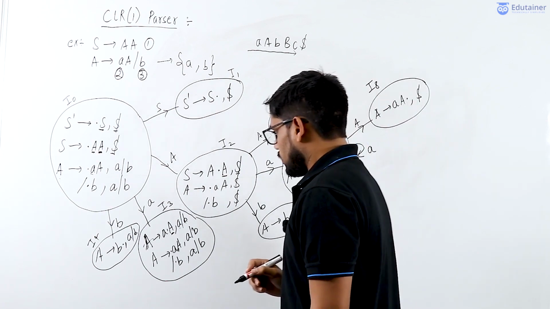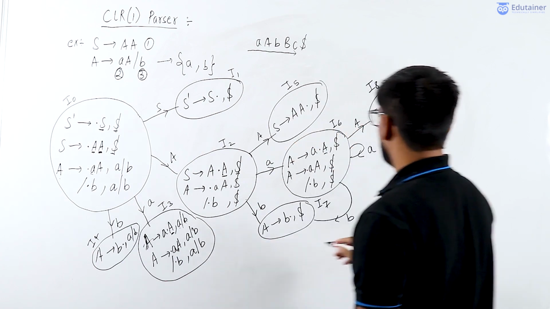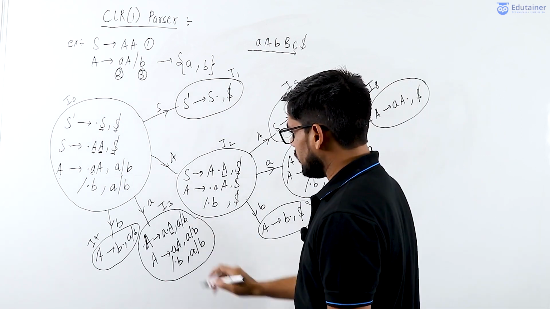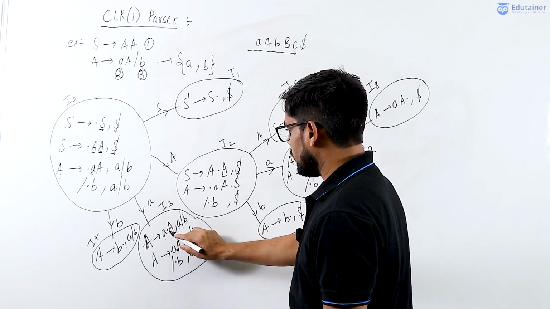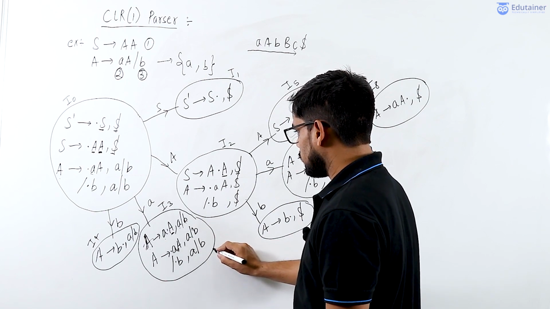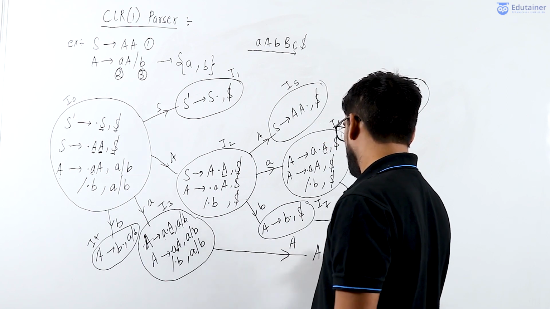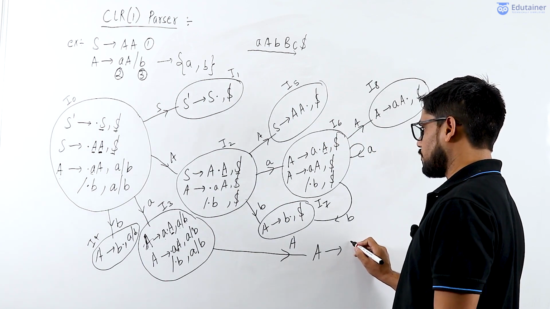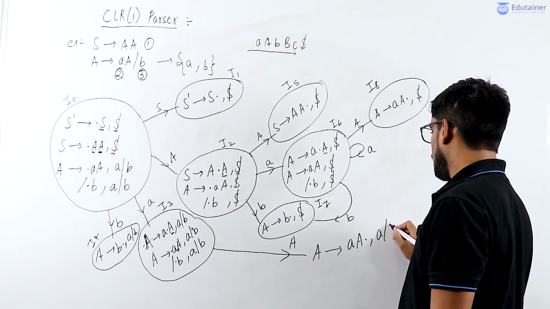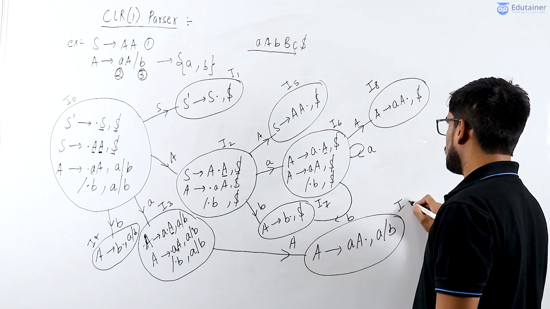Okay, and here state number I3, A derives a dot capital A comma B. If I take the transition on capital A, then I will get the production as A derives AA dot, A comma B. Okay, and let's call it as state number I9.